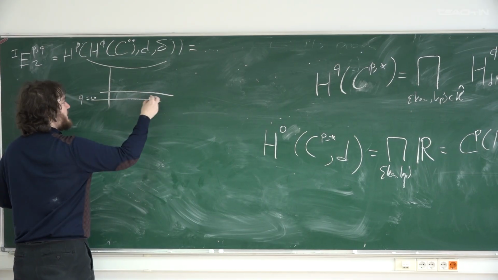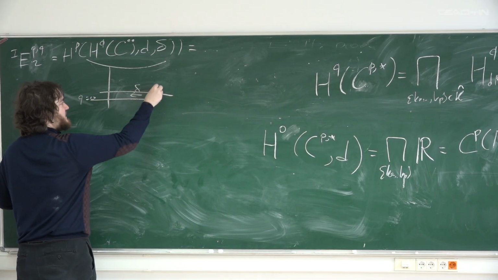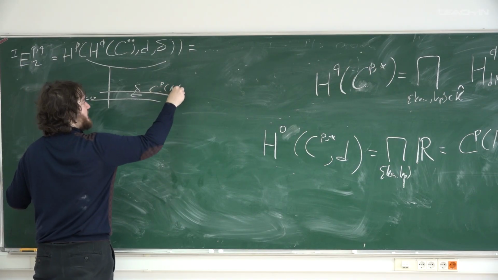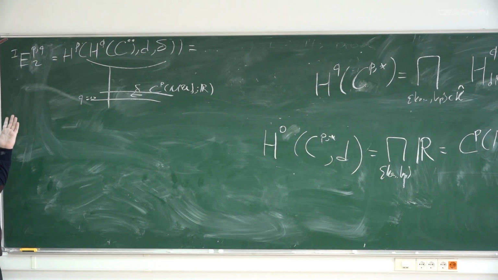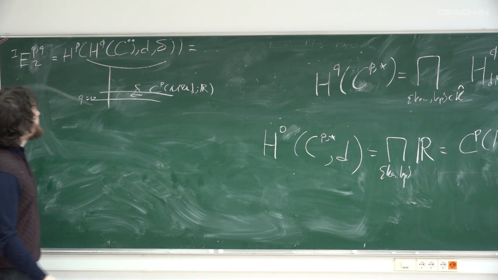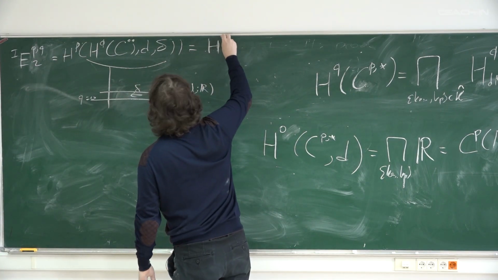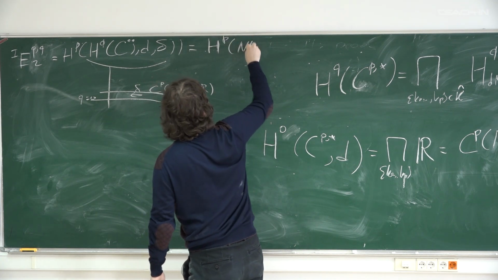It's one row with differential delta, and this is in fact the cochain complex of the nerve with R values, with the usual simplicial differential. So the homology is the simplicial homology of my nerve.